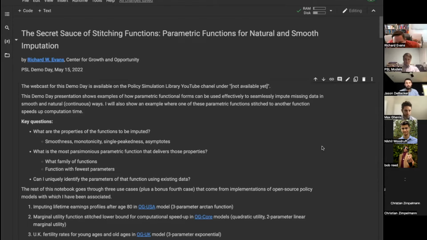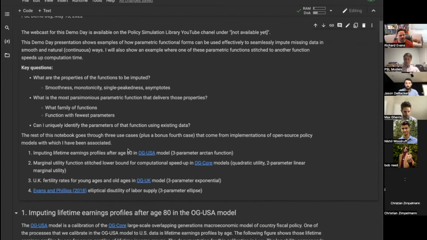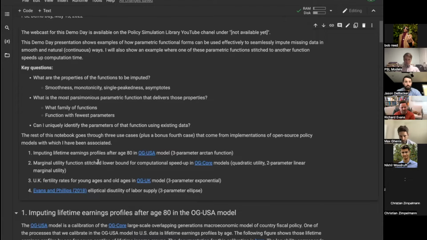I'll show you three examples where the parameters are uniquely identified, and then one example, actually the first example, where they're not, and for some interesting reasons. So the examples I'm going to go through: the first one is imputing lifetime earnings after age 80. The data in the US only go up to age 80, but the model has ages from 80 to 100 also.